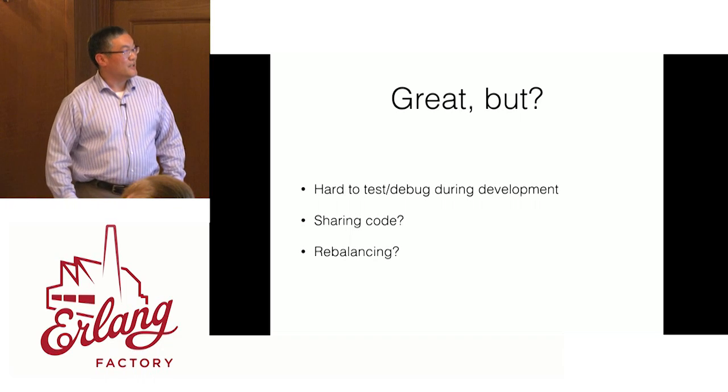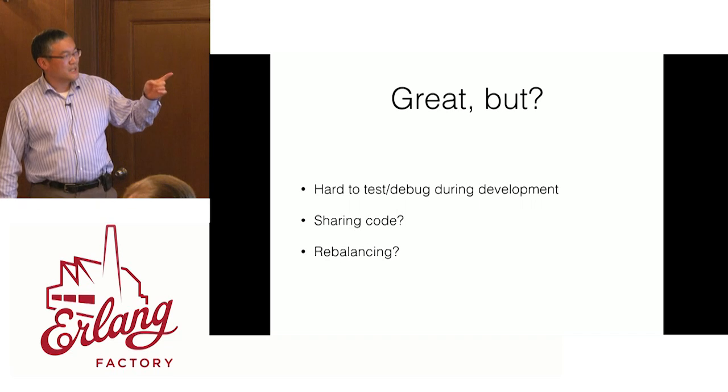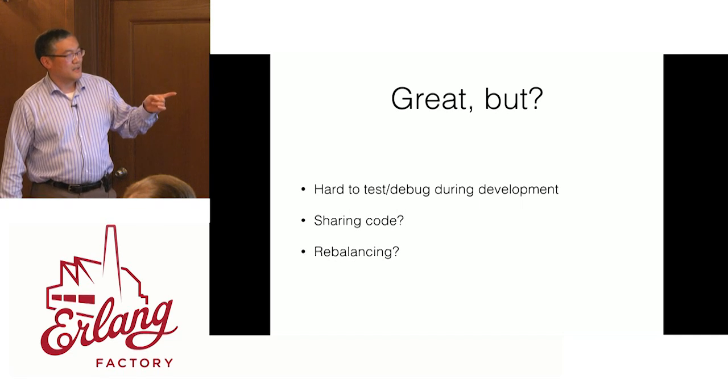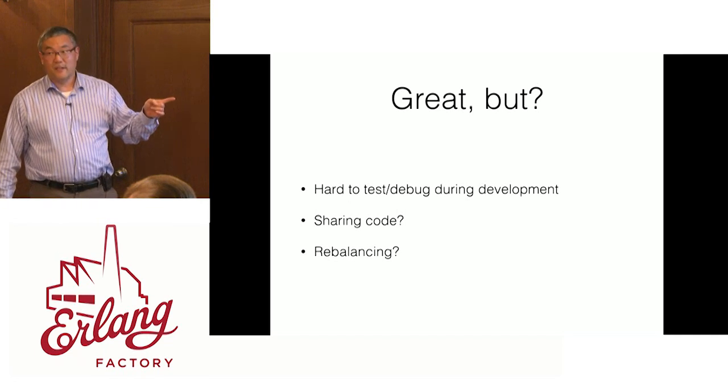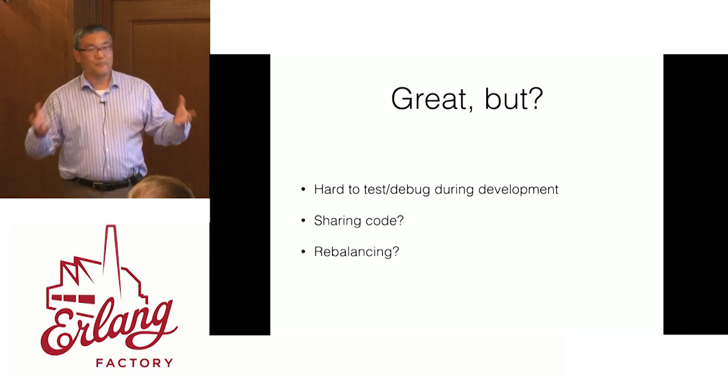Okay, so this is good, but my experience with testing and debugging in an environment like that is that it can be pretty challenging, because in order to do anything, you have to have all the pieces running.